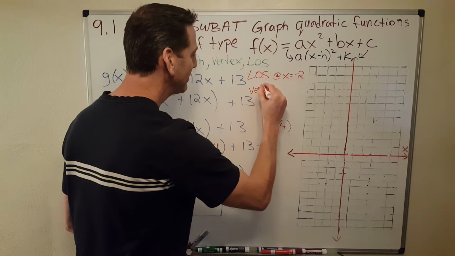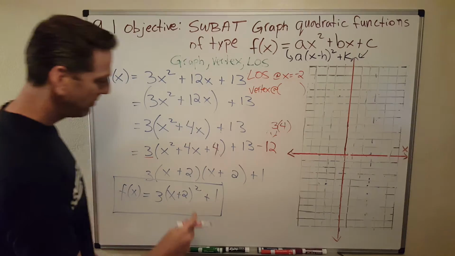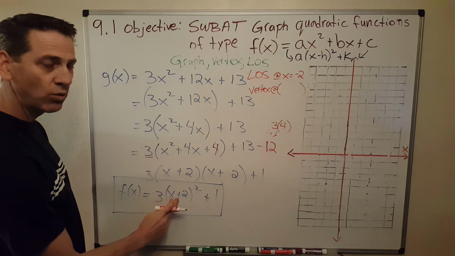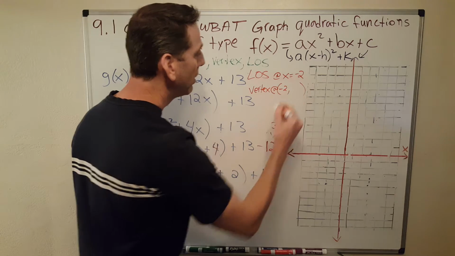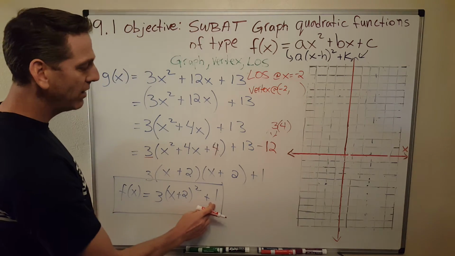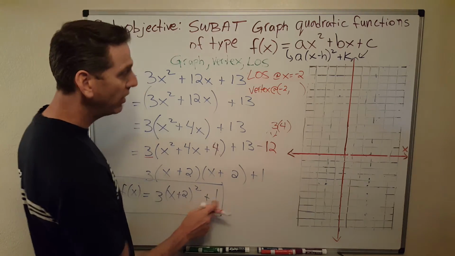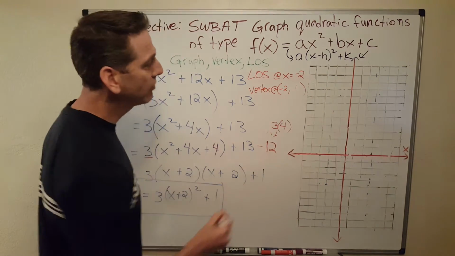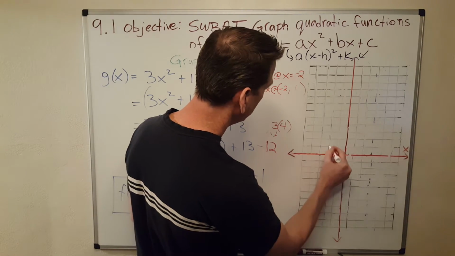My vertex is an ordered pair. My vertex is going to be, well, the x coordinate is going to be negative 2. All right? And my y, or my f of x coordinate, is going to be 1, positive 1, right there. All right, so I know that my vertex is going to be right there.